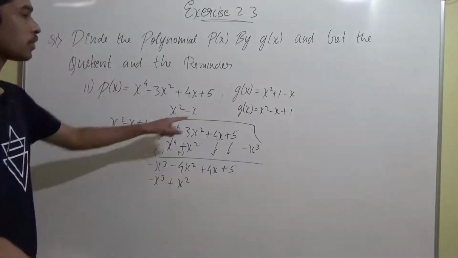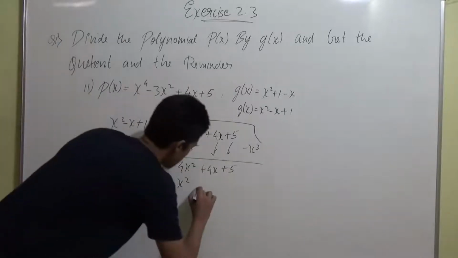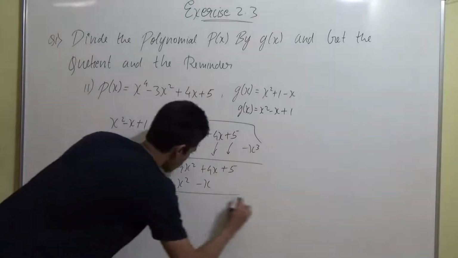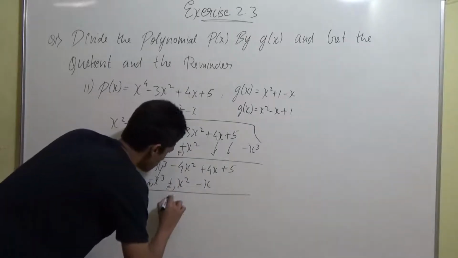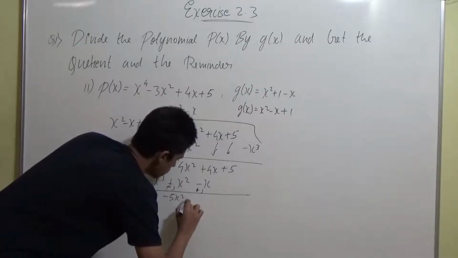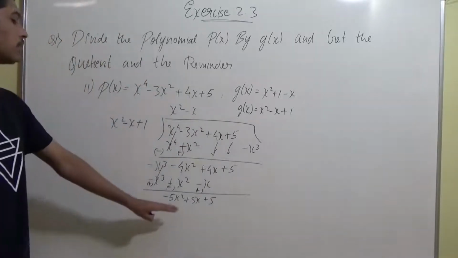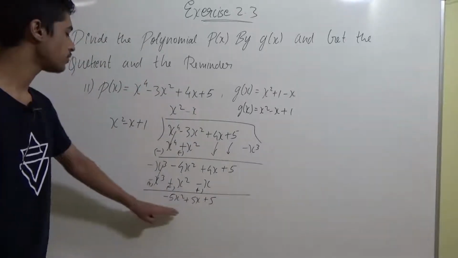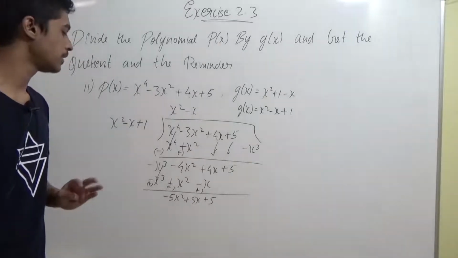And then the third term, 1 into minus x, becomes minus x. Now if you see, guys, you will get a hint that it's going to get cancelled, most probably. Let's see it, guys.